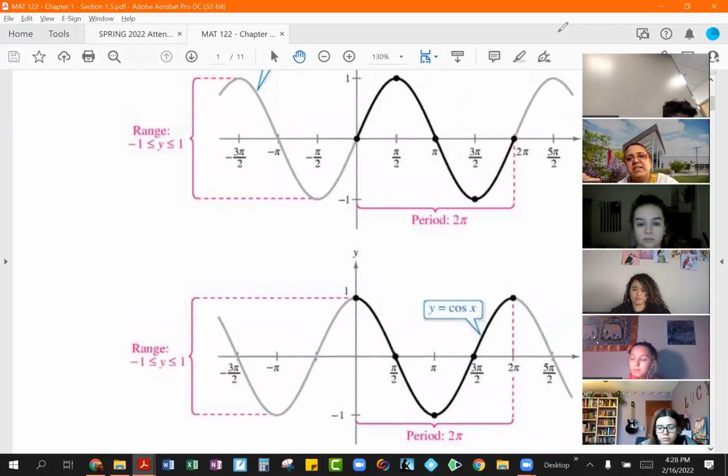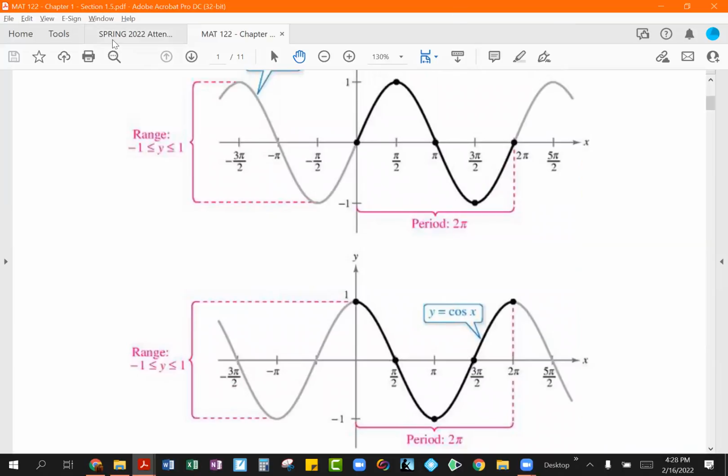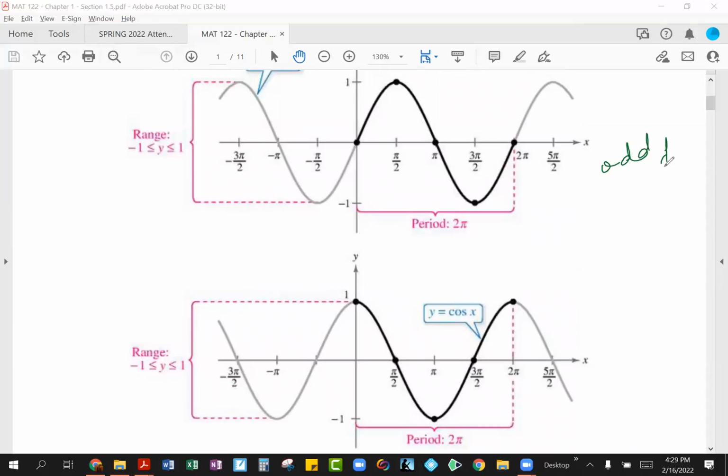So with the origin, it's easier to think about distances from that 0, 0 point. And this happens because, remember, we had talked about this, I think in section 1.2 or 1.3, where we said the sine function is an odd function. And remember, this is where you had the negative sine of t is equal to sine of negative t.